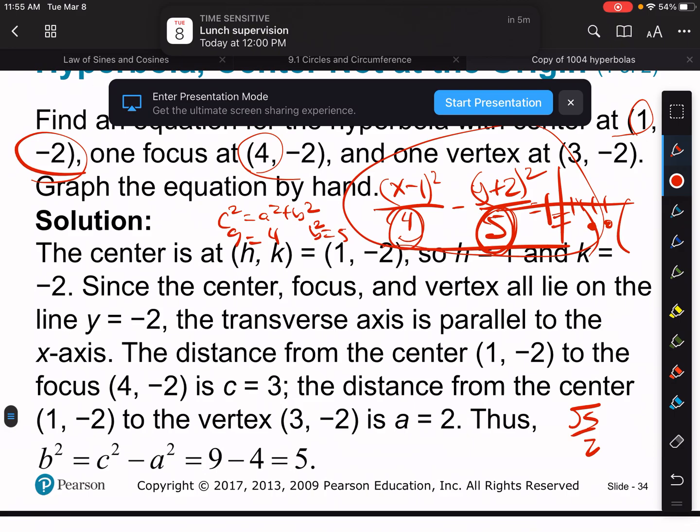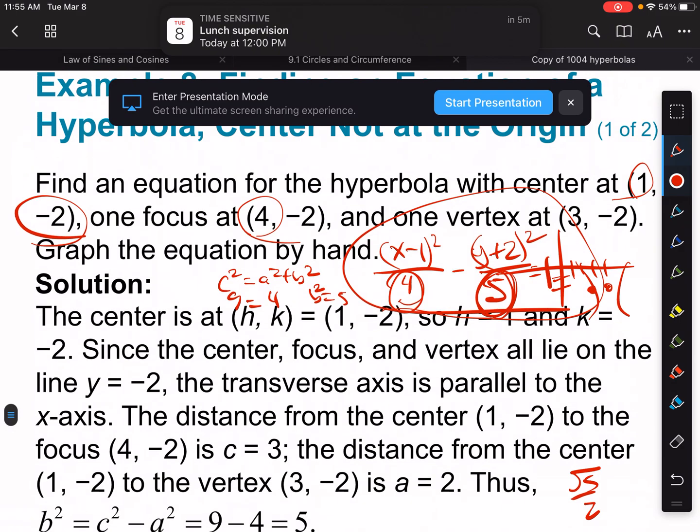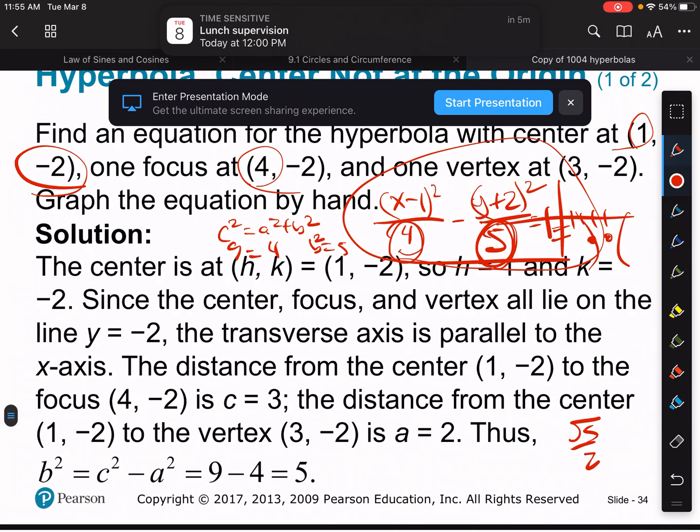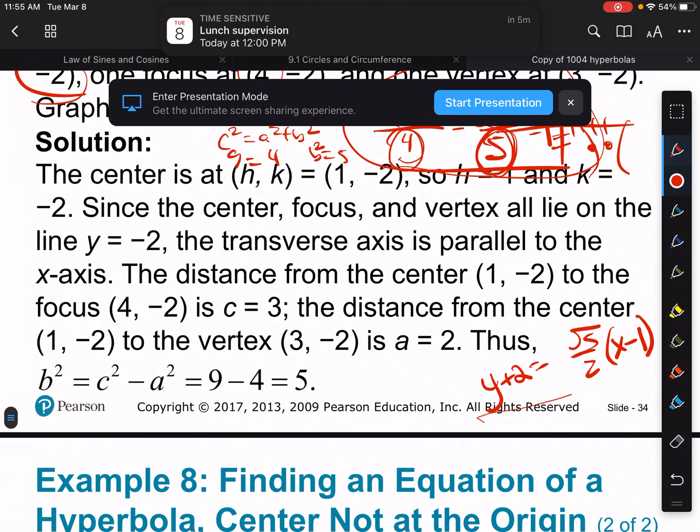And then I have to adjust the center, right? So I can just show you that. Center's at 1, negative 2, so therefore my y value I have to adjust. So I have to say y plus 2. And then that's my slope, and then it'll be x minus 1. So that would be the equation of the asymptote if you needed that for some reason.